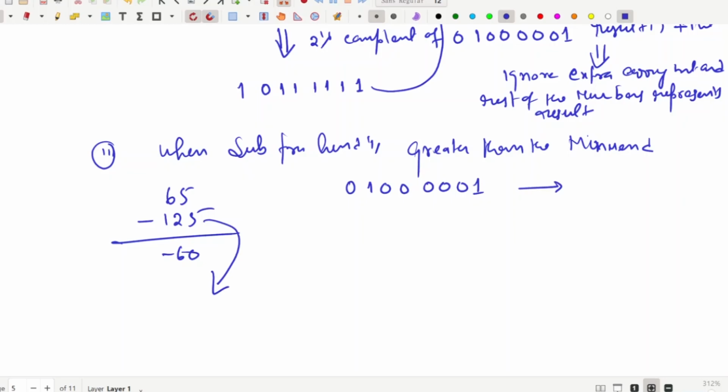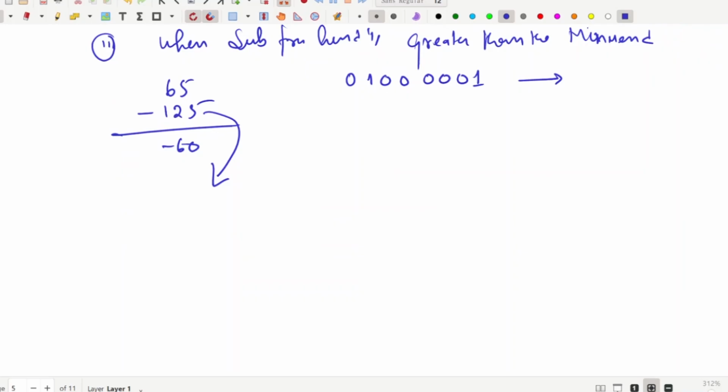This means 0 1 1 1 1 1 0 1. This is the plus 125 representation in 8-bit format.